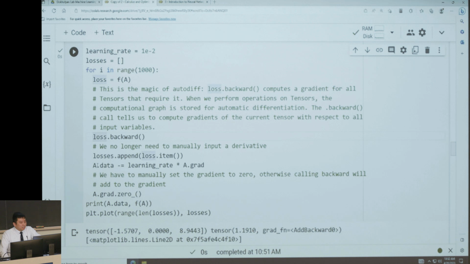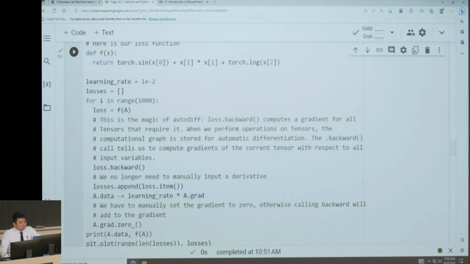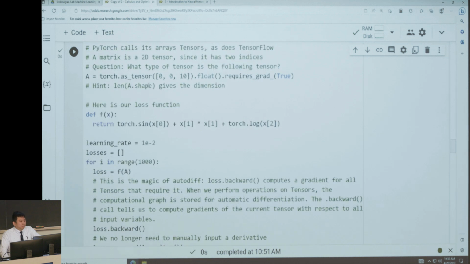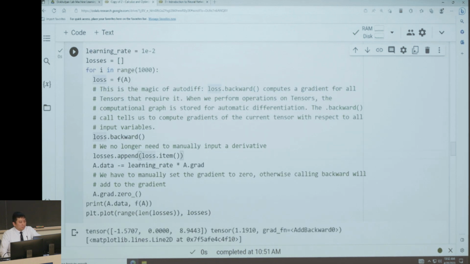And what happens is A gets that extra bit of information. So A.data is just this 0, 0, 10 here. But A.grad is the gradient. So after we've called backward, the gradient is backpropagated from loss to A and stored as A.grad, so another field of A.